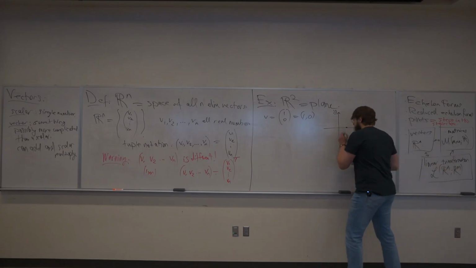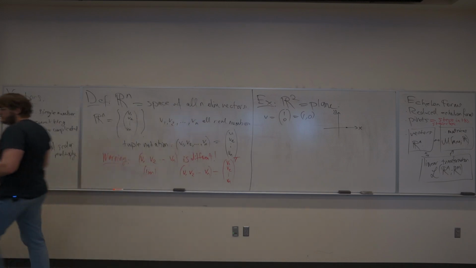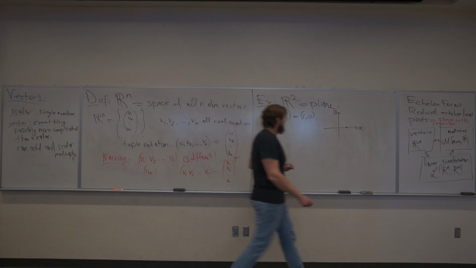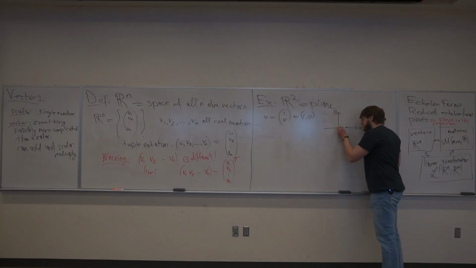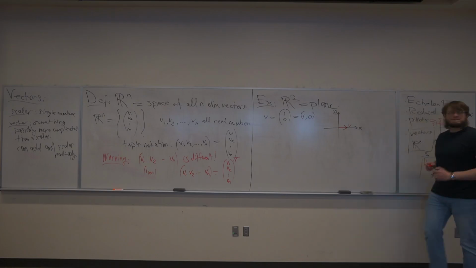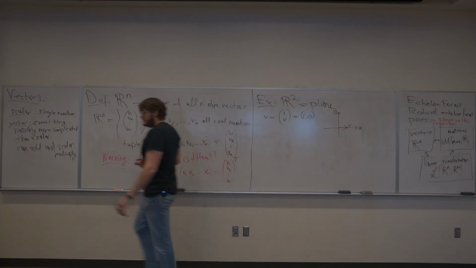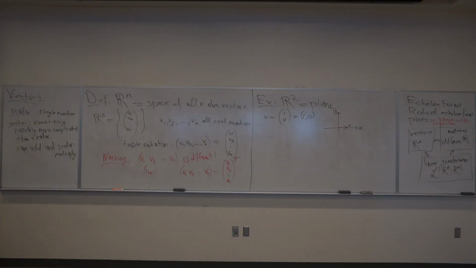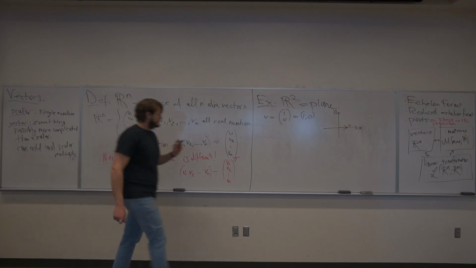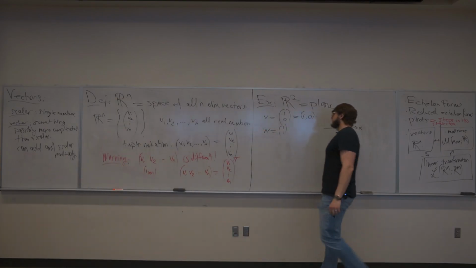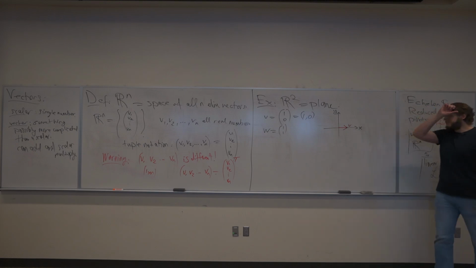Okay? That's a better way of thinking of vectors. Okay? That's V. Okay? Let's do one more, perhaps W, 1, 1. Okay? Now this is the pair 1, 1.